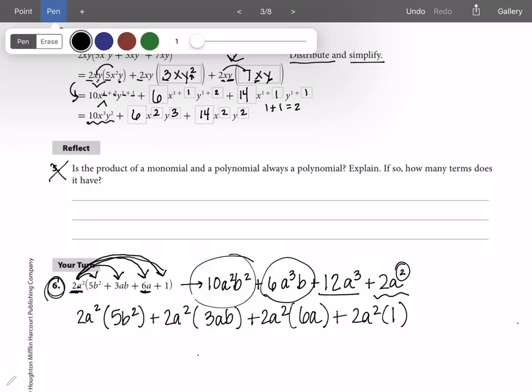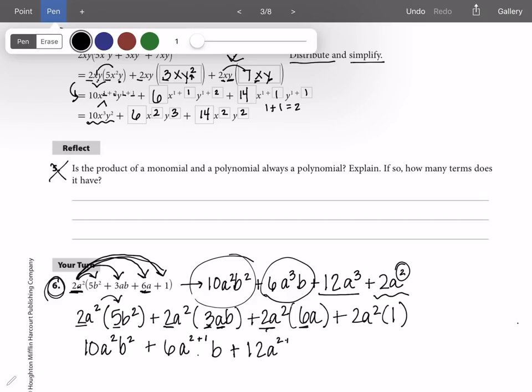Okay, and so now I'm going to distribute. So I have 2 times 5, which gives me 10. A squared and b squared are two different terms, so I'll have a squared b squared, plus 2 times 3 is 6. I'll have a cubed, because I have 1a here, and 1b, plus 2 times 6 is 12.